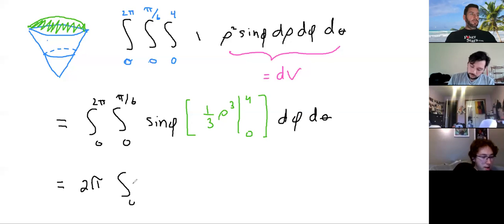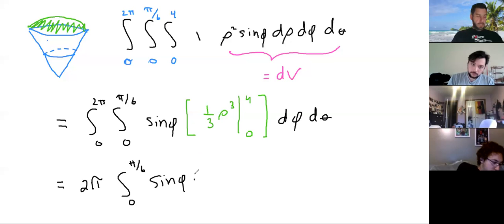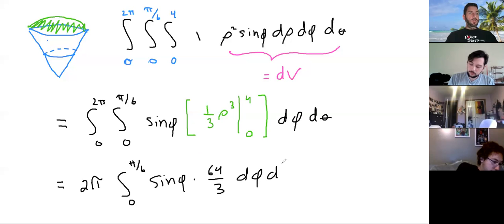And then you're left with 0 to pi over 6, and then this is sine of phi, times something. What's it times? This is times nothing more than 4 cubed over 3. So what is 4 cubed? That is 64 over 3, and that's d phi. Well, I don't need the d theta anymore because I integrated it out.